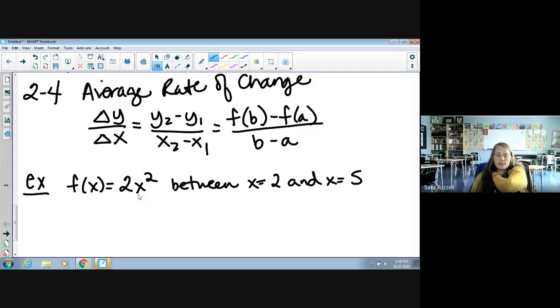So they give us the equation, and we just have to plug our x's into the equation to get our y values. I'm going to do f of 2 first, and plug it in. And all math geniuses know that is 8. 2 squared is 4, times 2 is 8.